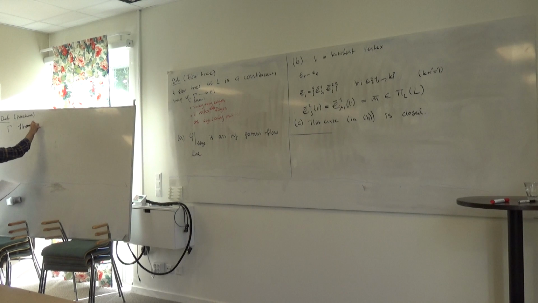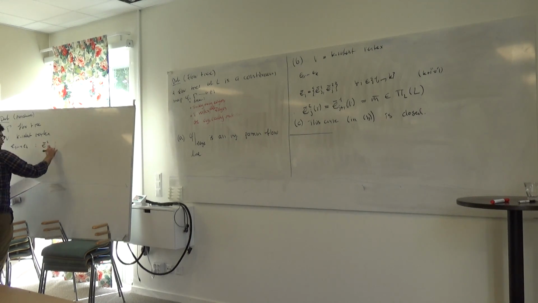So if we have a flow tree, consider a k-valent vertex with adjacent edges E1 to EK like in B, such that they're paired up, like the cotangent lift of EJ2 is equal to the cotangent lift like this. So we pick a flow tree and then a vertex and take the edges so that they glue together like in B. Then we consider the one jet lift of the corresponding edges.